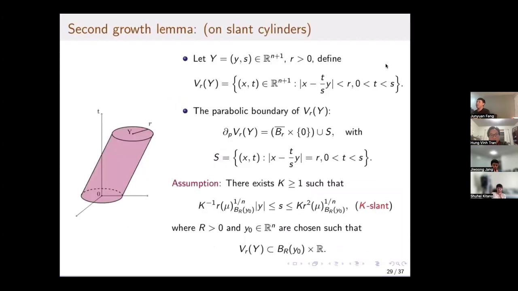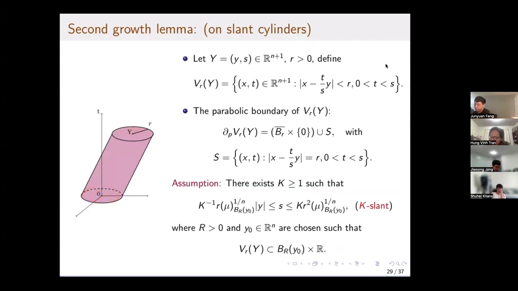Then the second one, the second growth lemma, is on the slant cylinder. The motivation is that if we have some information on the base, we try to estimate, after some time, the spatial region moved away, right? Based on this information on the base, we want to estimate some information on top.